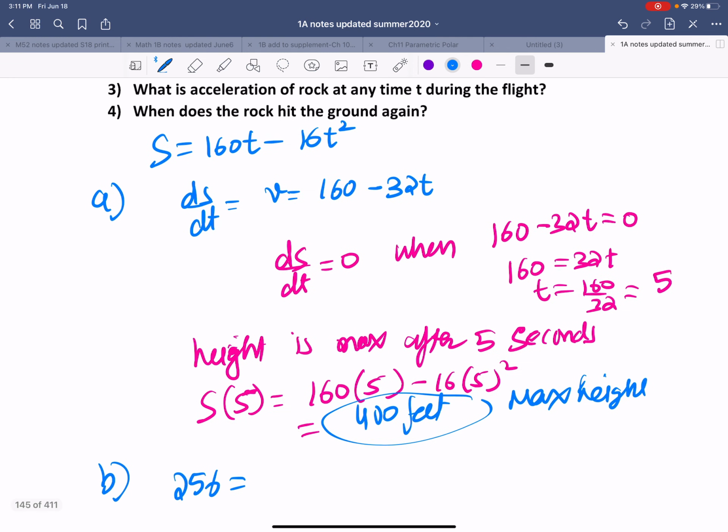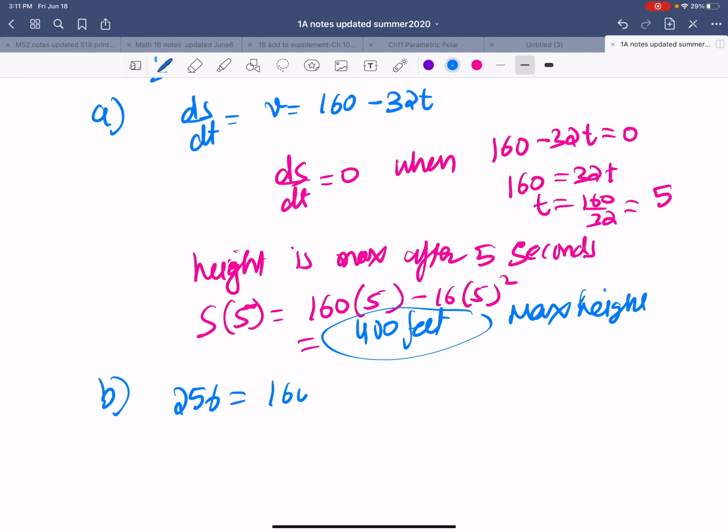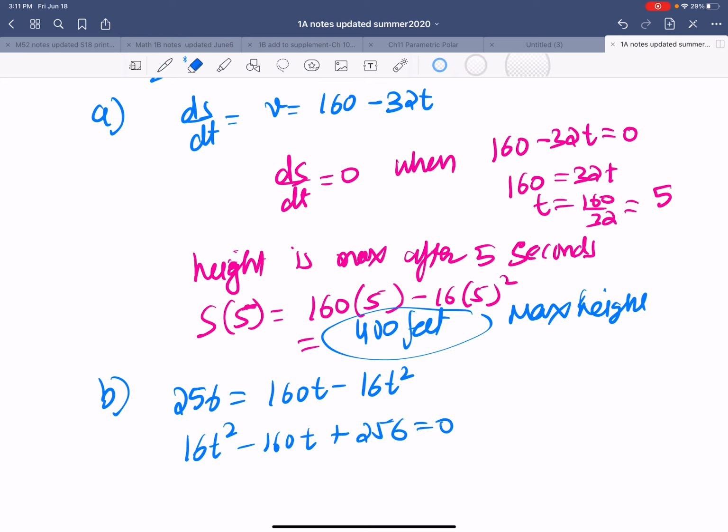Let's find that time. 160t minus 16t squared equals 256. Now we're going to solve this function. 16t squared minus 160t plus 256 is equal to 0. I think we can divide everything by 16 to make my life easier.